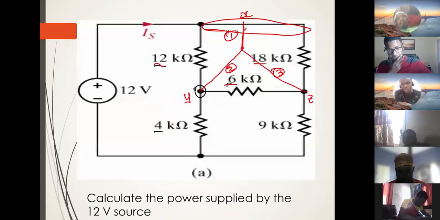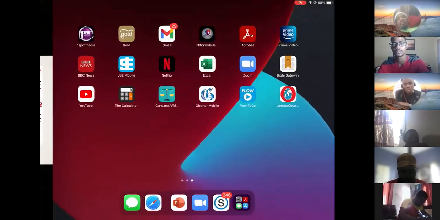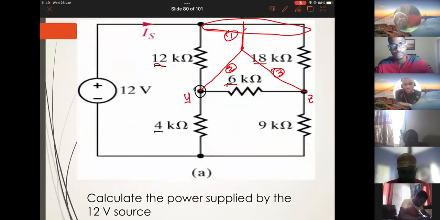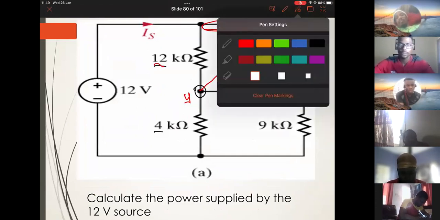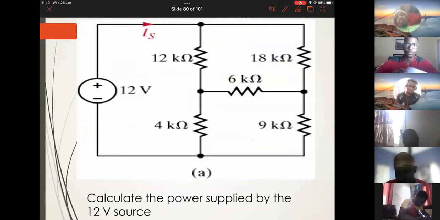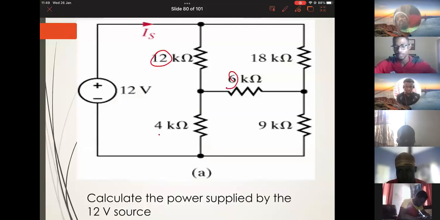All right. What I want you to do now, students, is go back to the network. I want you to note that these three resistors, the 12, the 6, and the 4, or if you choose, you can use the 6, the 18, and the 9.